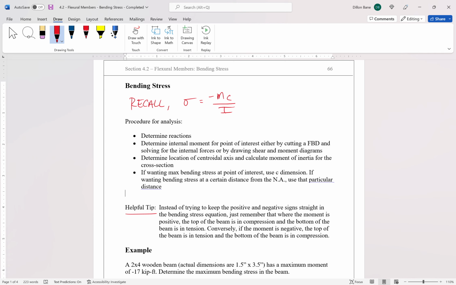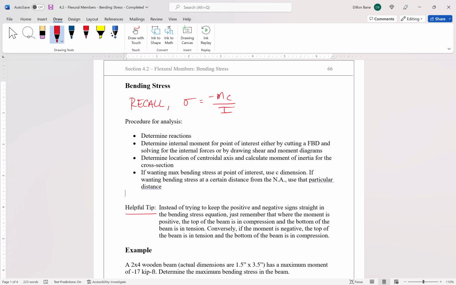Instead of trying to keep all your mathematical signs correct in your equations, just remember that if the beam is smiley face bending, bending up, or concave up, like a smiley face, you have compression on the top and tension on the bottom. And if the beam is frowny face bending, you have compression on the bottom and tension on the top.